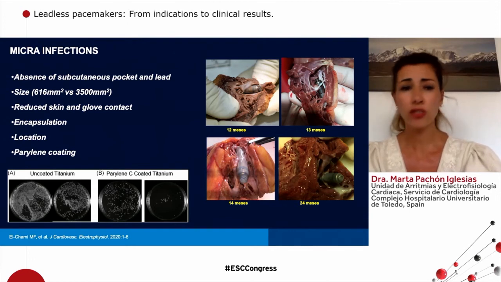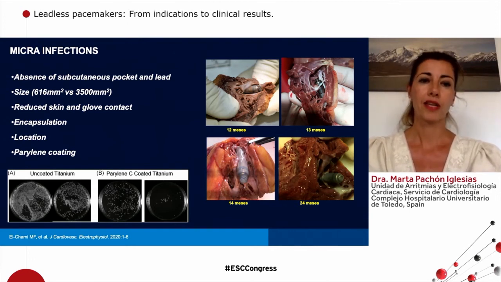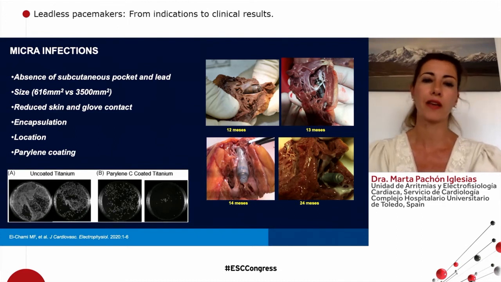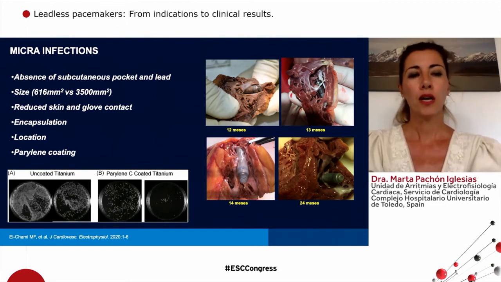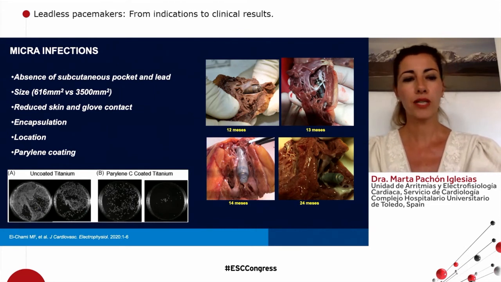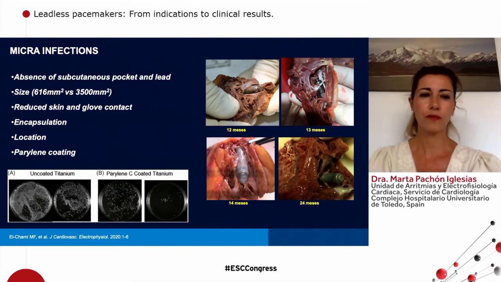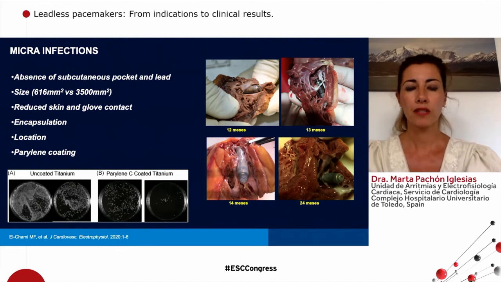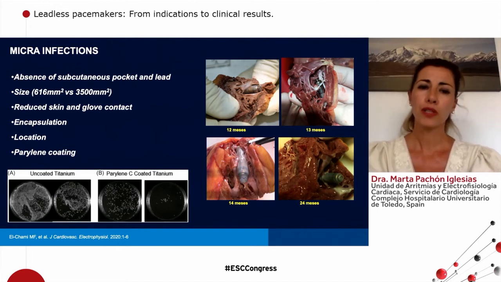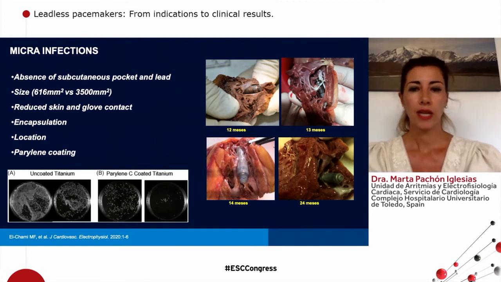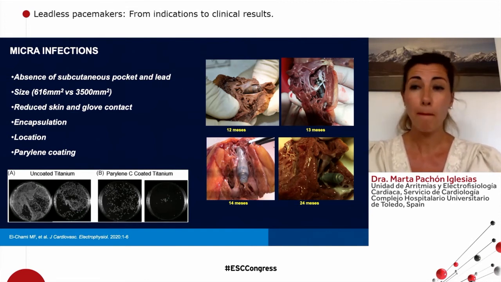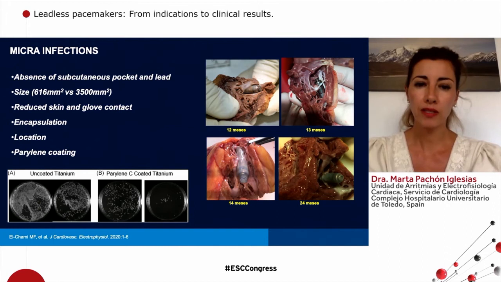The location is also an important one. The turbulence environment in the right ventricle probably inhibits bacterial adhesion. And another important one is the device material. In fact, there is a very recent study that compared bacterial growth on polyurethane-coated, bare, or parylene-coated titanium surfaces.